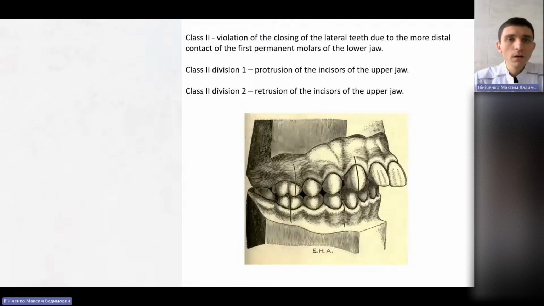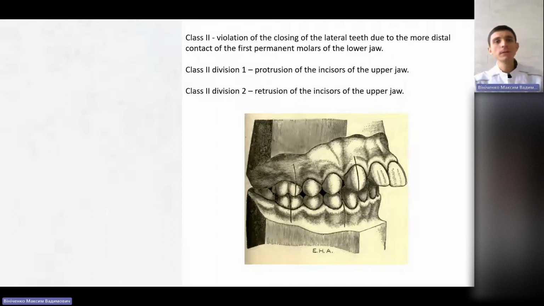Class 2 is a violation of the closing of the lateral teeth due to a more distal contact of the first permanent molars of the lower jaw. So as we could see on this patient, it is a class 2 pathology. Class 2 pathology has two divisions, division 1 and division 2.